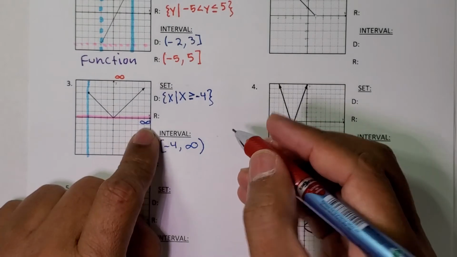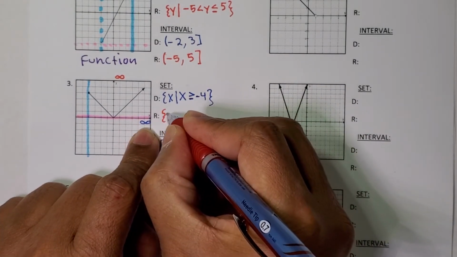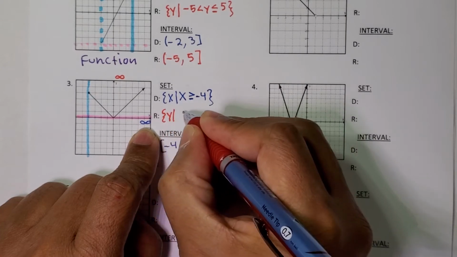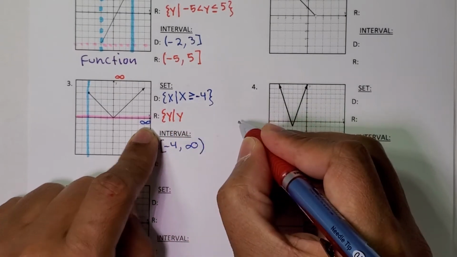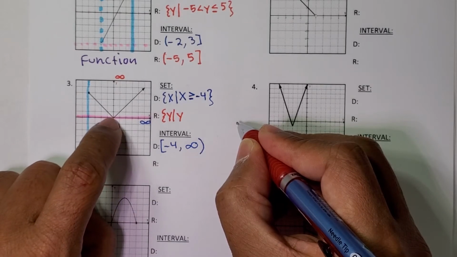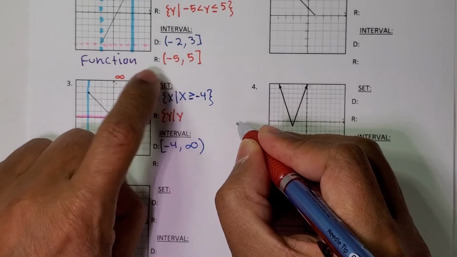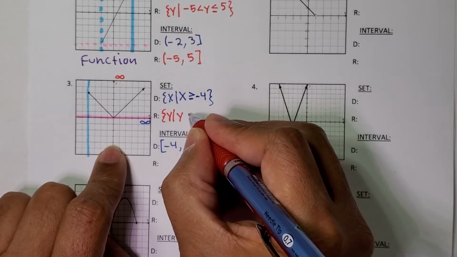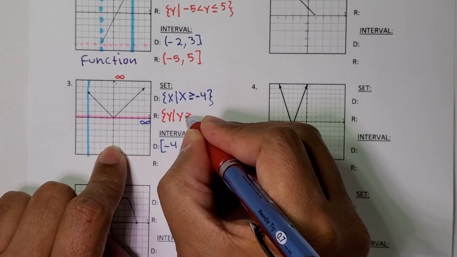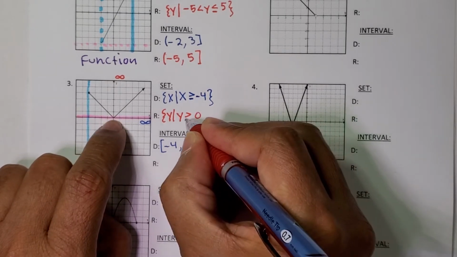So to state the range in set builder notation, this will be y such that y, what is y doing? It hits this value, which is the lowest. So the bottom is 0, it hits 0, and then bounces and goes up. So y such that y is greater than 0, but since it hits that value there, it's also equal to.